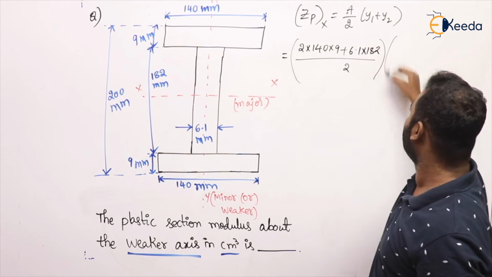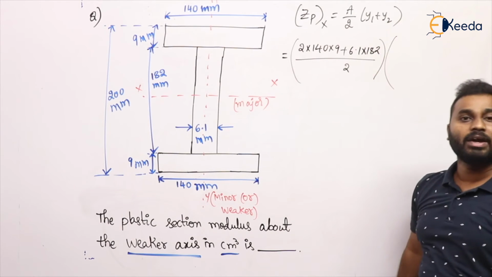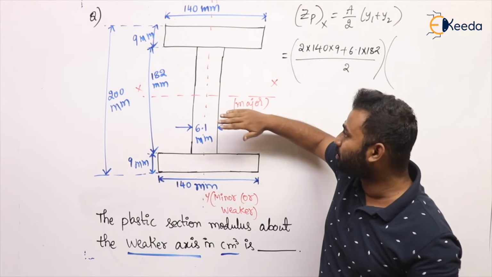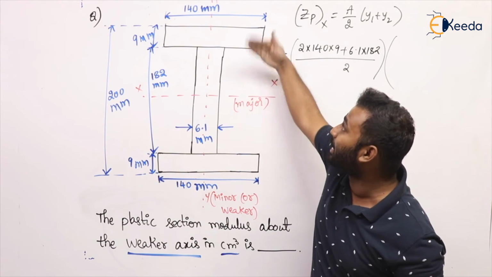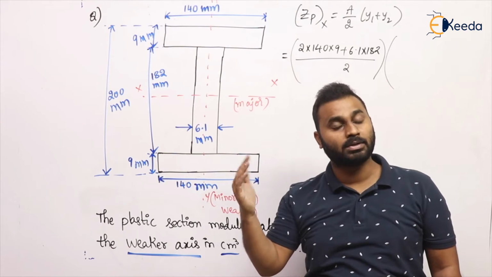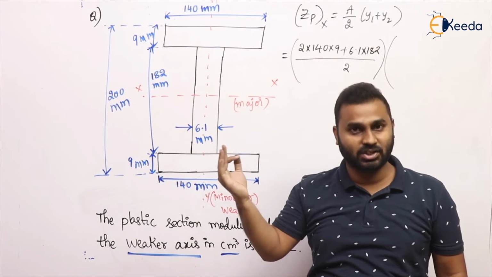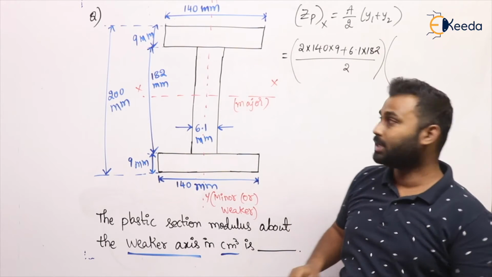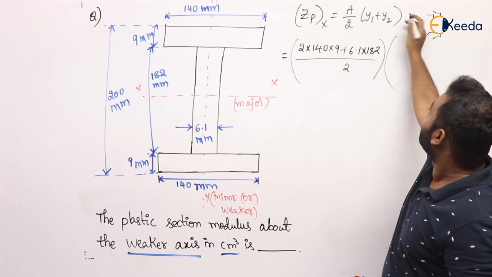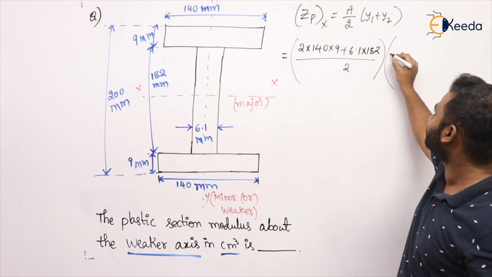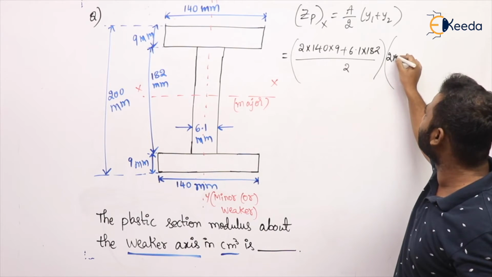Now coming to y1 and y2, they are the same because two symmetrical T sections exist above XX and below XX. Therefore the CG of those T cross sections above and below XX are the same. Hence it comes out to be 2y1, or simply 2y. So 2 into.